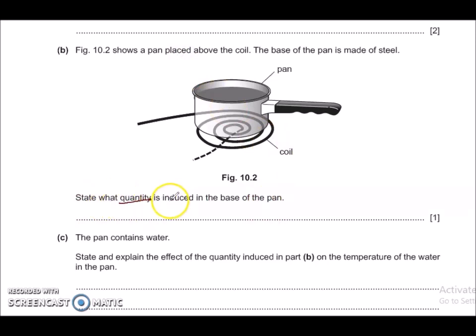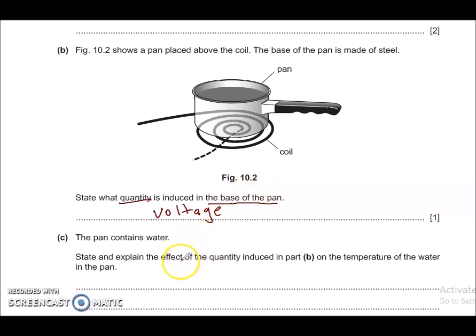So the quantity induced in the base of the pan over here, we call it voltage. Voltage will be induced. So this voltage is the one that will change to thermal energy and will heat up the water.